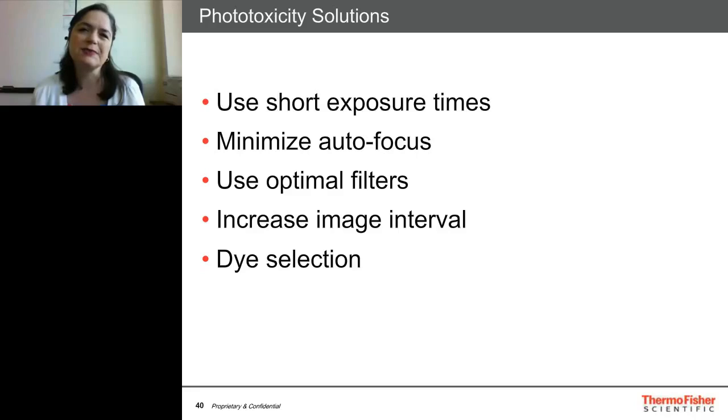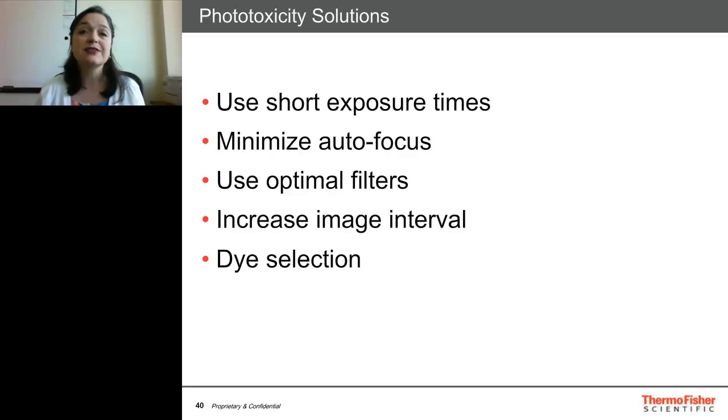You want to minimize that as much as possible for those overnight or long time-lapse experiments, because autofocusing uses a lot of light. So the cells only can have so much light shined on them, and if you use that up with your autofocus, by the time you do your actual experiment, the cells will be pretty unhealthy.